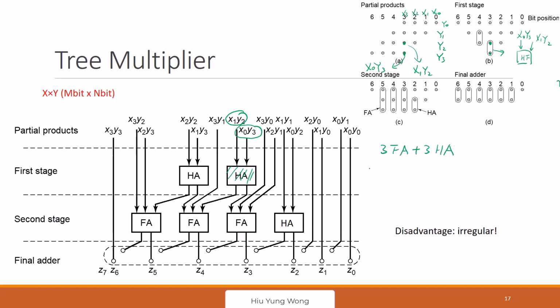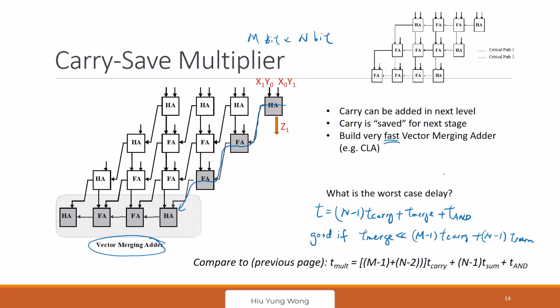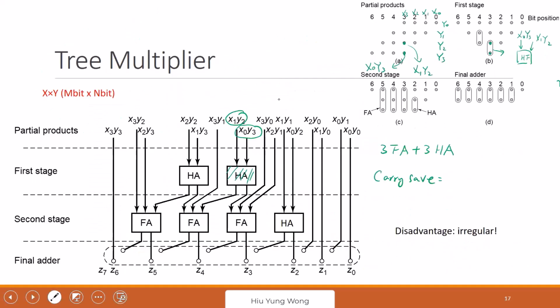But if you refer to carry save, which is the simple one, it also has this final adder. How many full adders do we need? Carry save needs 1, 2, 3, 4, 5, 6 full adders and 1, 2, 3, 4, 5, 6 half adders, right?